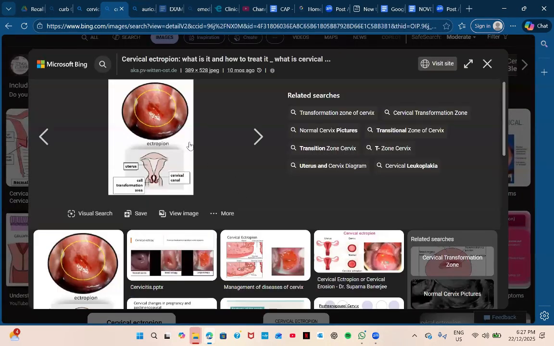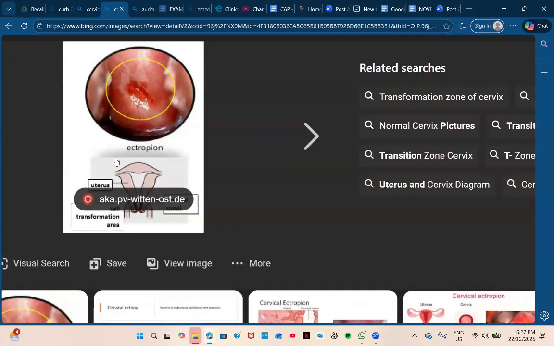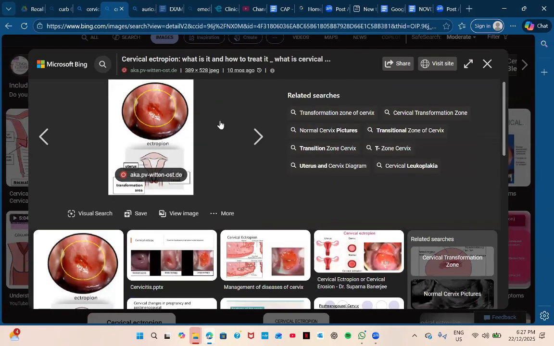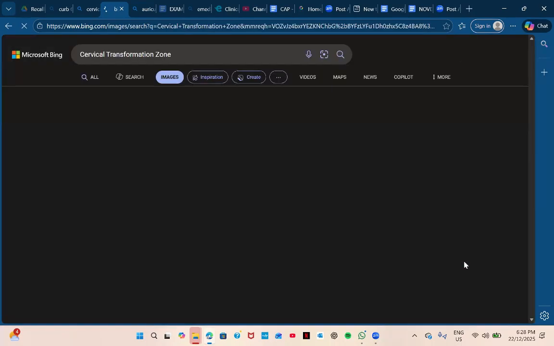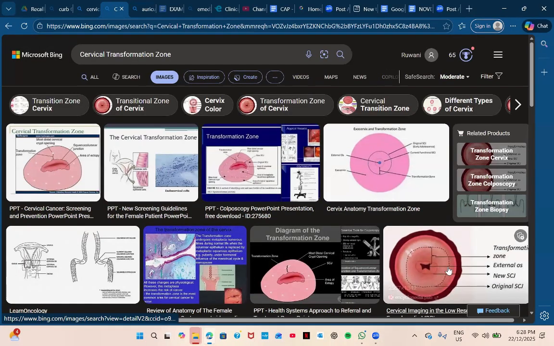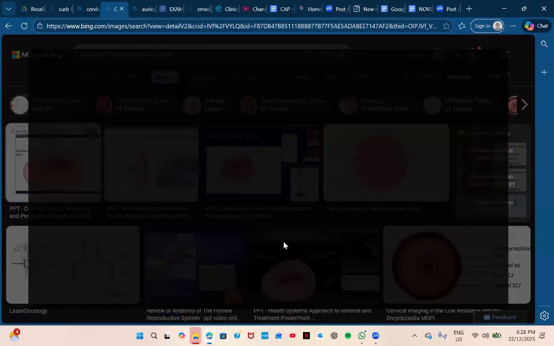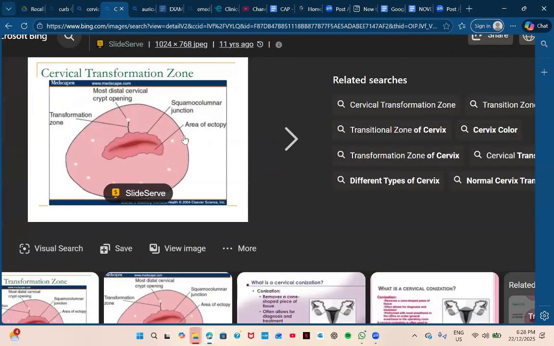Here you can see, right? The cervical ectropia. Sometimes they can ask from this kind of real picture. Yeah, this is the ectropia, right? Okay, so let's go back to her.